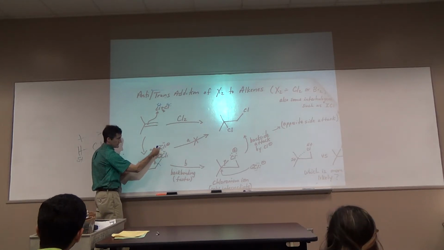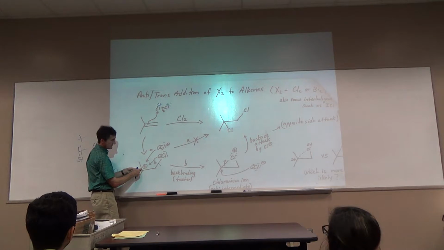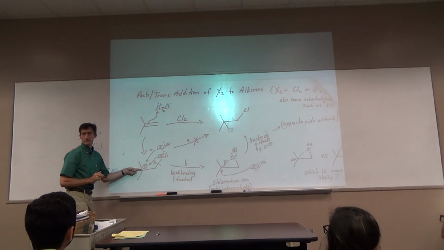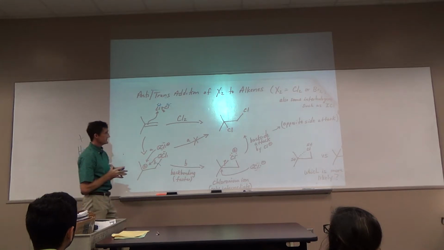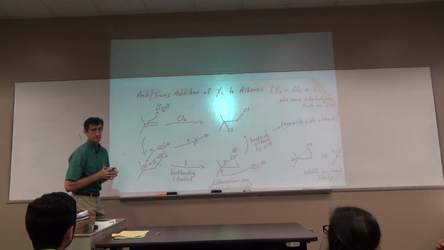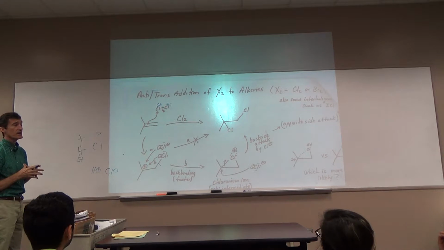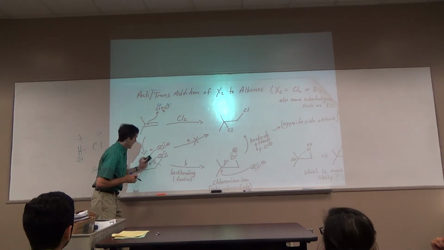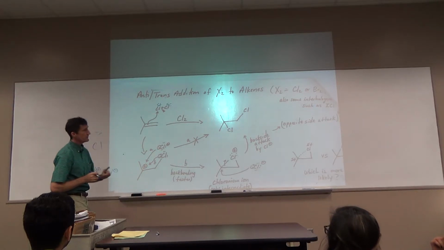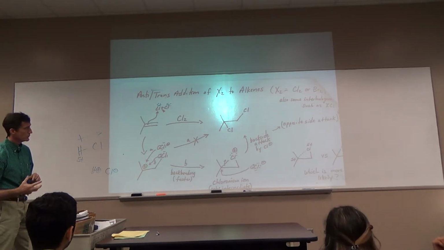This is a minus. These electrons could then add to the plus, and that would give you that product. Yes? The problem is, that's not the mechanism. How do we know it's not the mechanism? We'll talk about that a little bit more later.